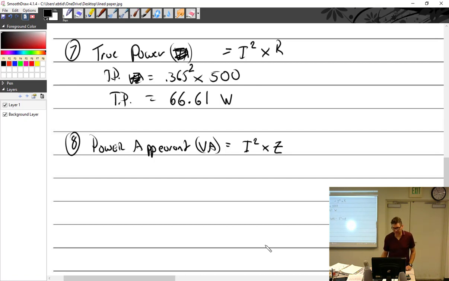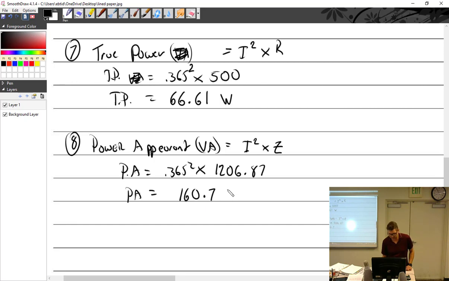So power apparent equals 0.365 squared times Z, which was 1206.87. Power apparent equals 160.79, because the next number is a 5, so we have to round up properly. 160.79 volt amps.